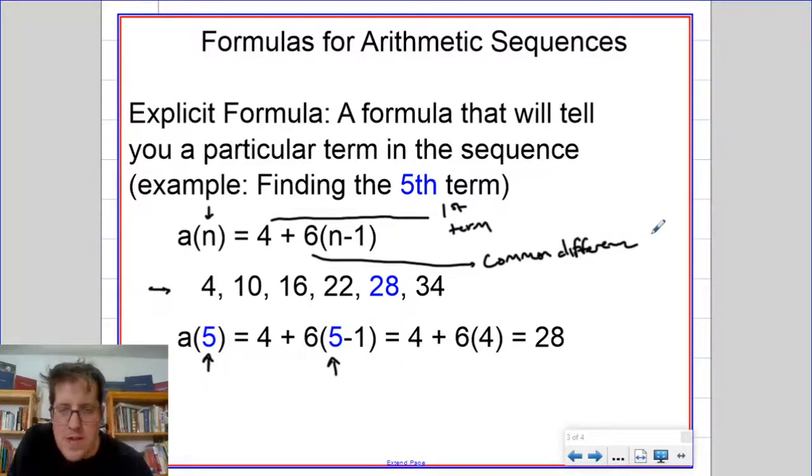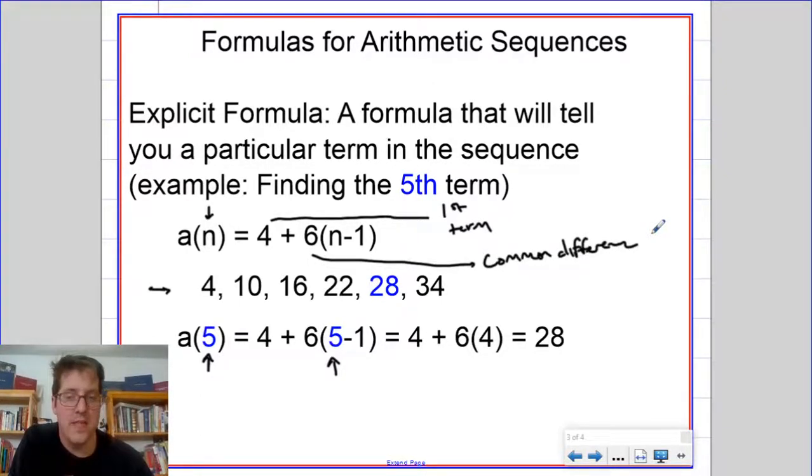This is very similar to a slope and y-intercept. But a slope and a y-intercept need you to have x and y, and this doesn't have this.